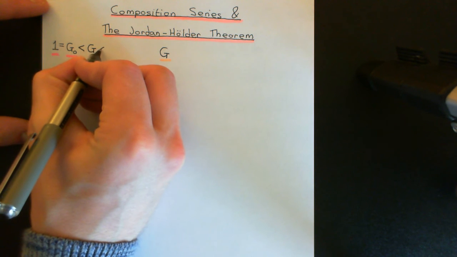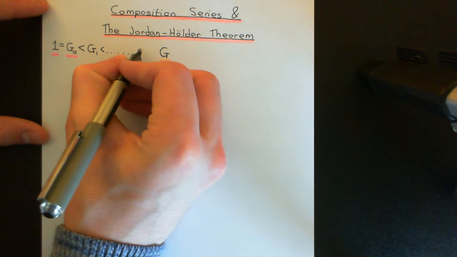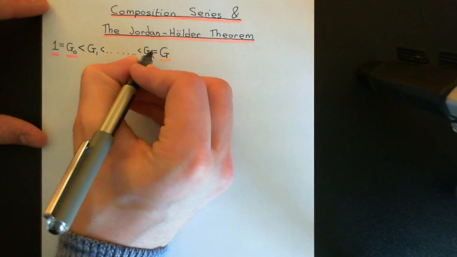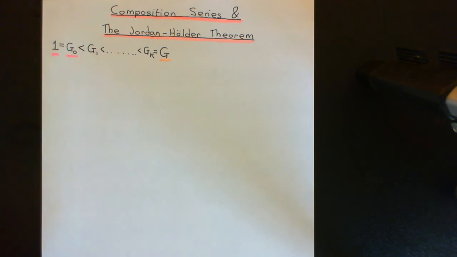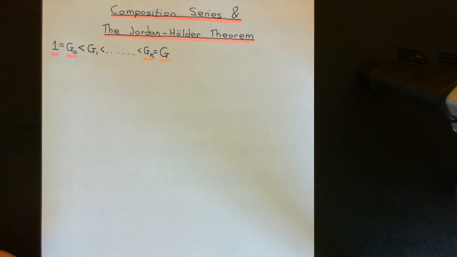And then we'll go all the way up to what I'll call GK, and GK is going to be our other notation for the entire group capital G. This is what I mean by an ascending chain of subgroups, a bunch of nested subgroups, one inside the other, and they're all properly containing the one that goes before them.